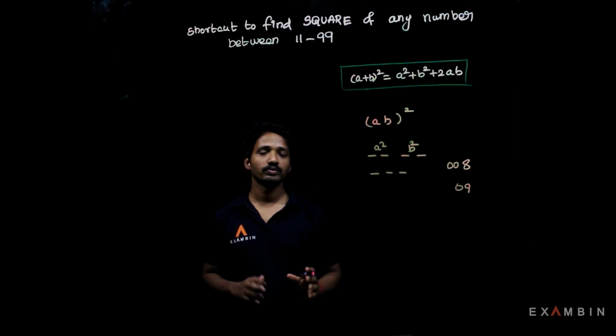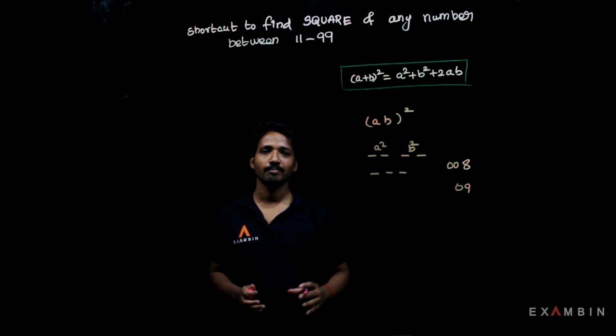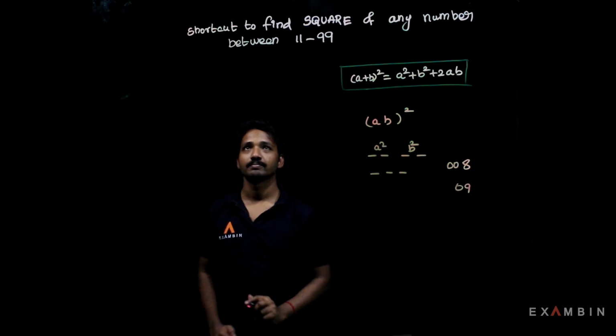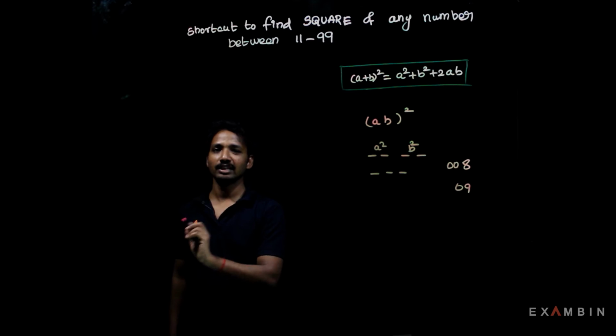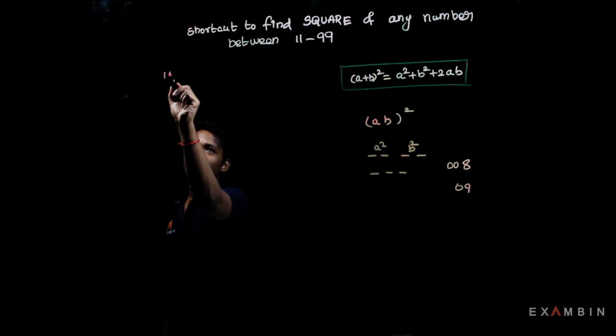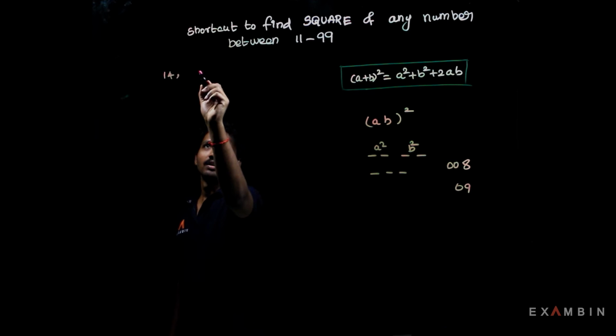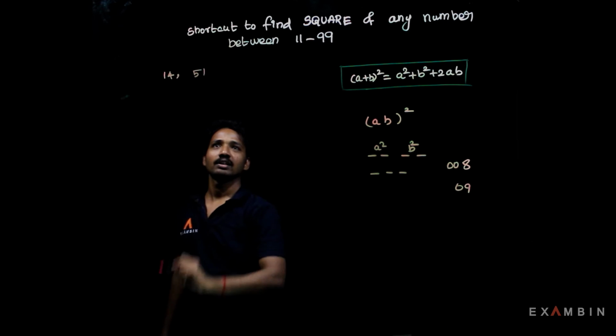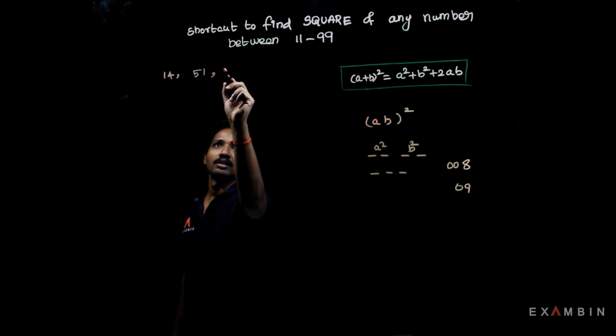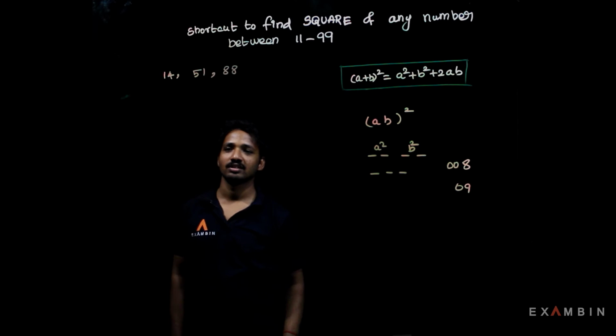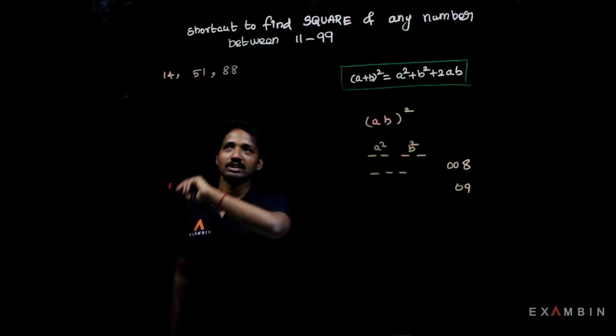Okay. So we will see some examples to understand this better. We will take 3 numbers like 14, 51 and 88. We will calculate the square value for these numbers.